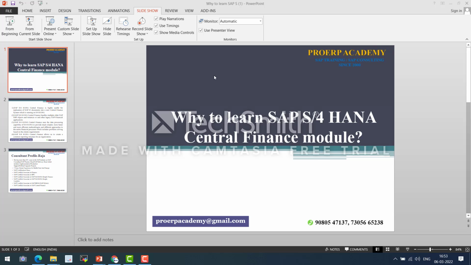Also, how to implement the end-to-end process, starting from designing, executing, implementing and supporting the complete end-to-end Central Finance Module, which is highly required by the clients for the reporting structure.